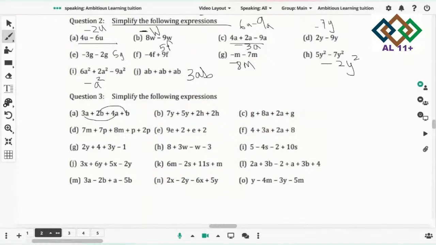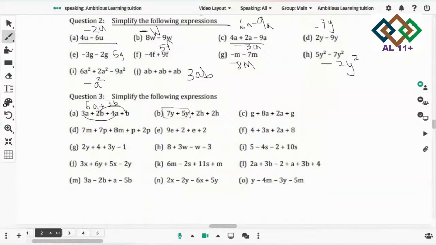That would be your answer for this one here. So your answer here would be 6a plus 3b.